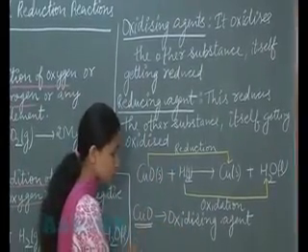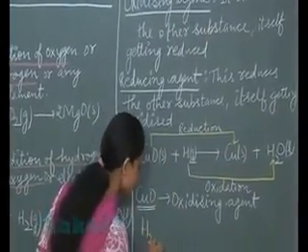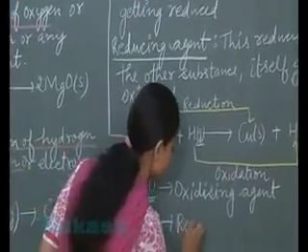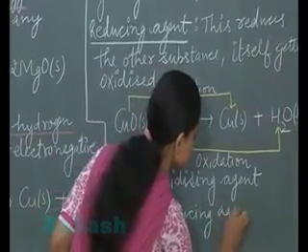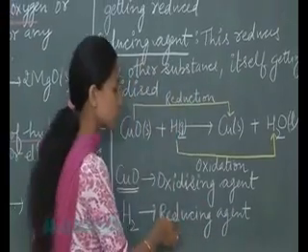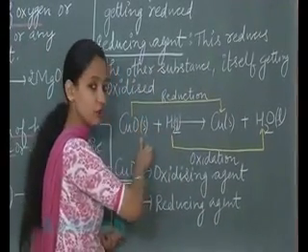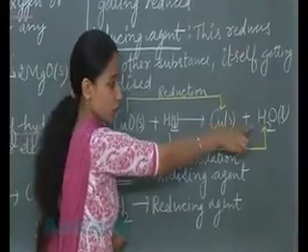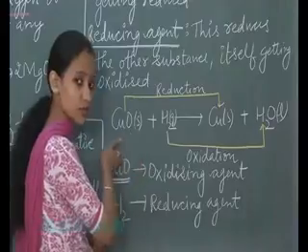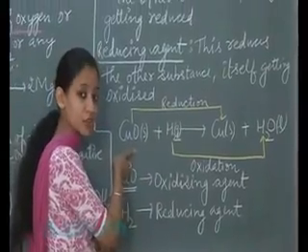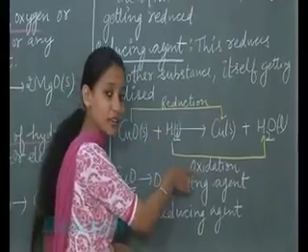Now students, which is acting as the reducing agent? Students, here hydrogen is acting as the reducing agent. Why is it acting as the reducing agent? Let us see. Now students, the work of the reducing agent is to reduce the other substance. Now as this hydrogen is removing oxygen from copper oxide to give you the product water, therefore when it is removing oxygen from this substance, it is acting as the reducing agent, reducing the other substance and itself getting oxidized.